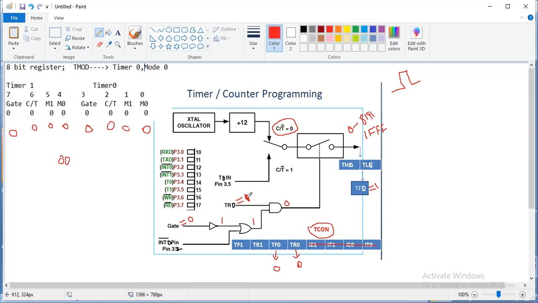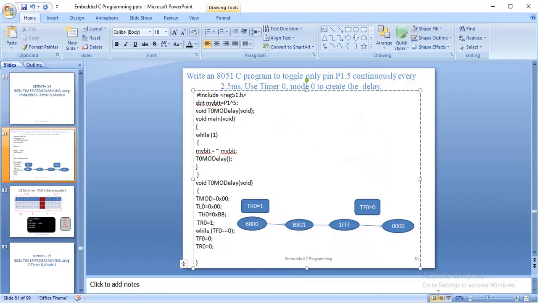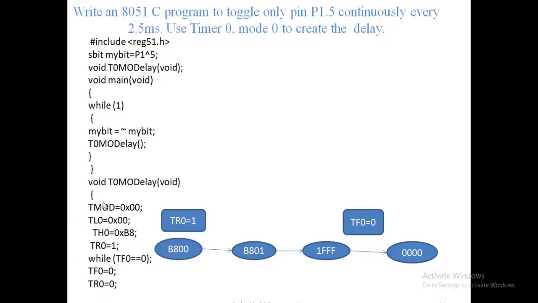That is the programmer's part. So this is the TMOD register I configured as 0 0. Now go to the program and you will understand very clearly. Here you see TMOD is 0x00, TR0 is 1. Once it overflows, again I make TF0 equal to 0 and TR0 equal to 0.